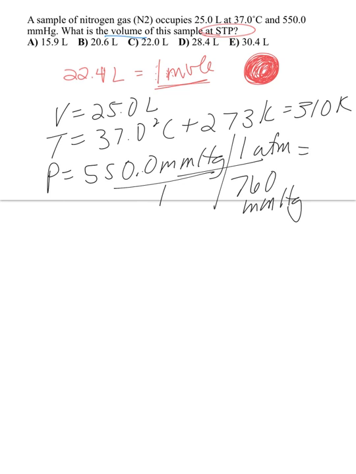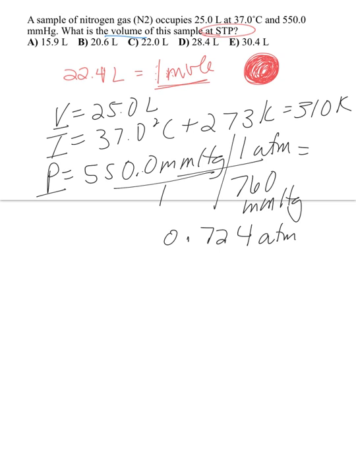And when you do that, let's just go ahead and do it. 550 divided by 760, that's 0.724 atmospheres. That's your pressure, your temperature, your volume.